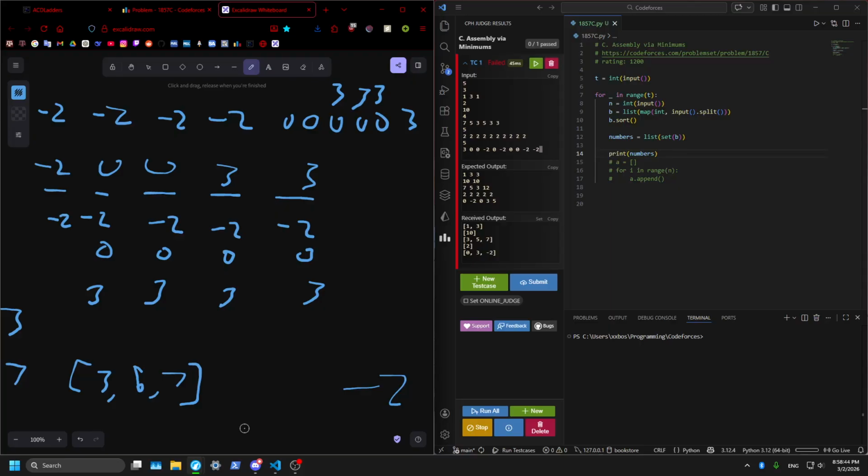The second number would always be the smallest number because this will influence the next.